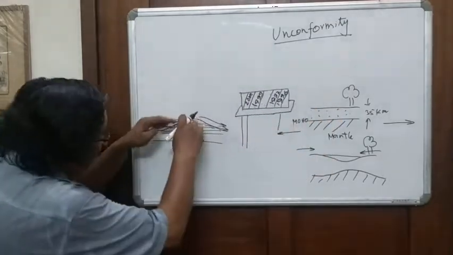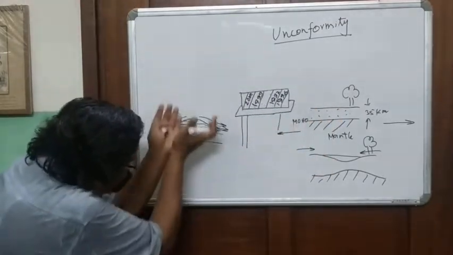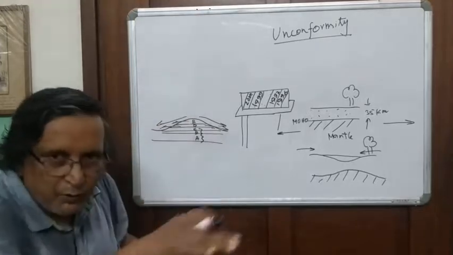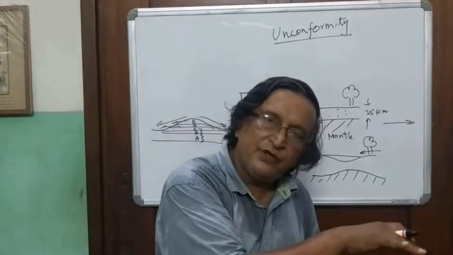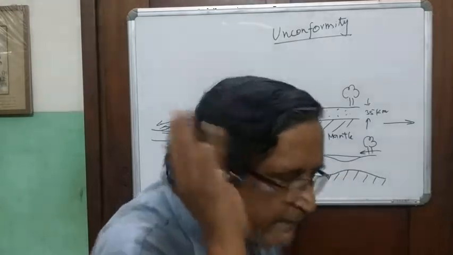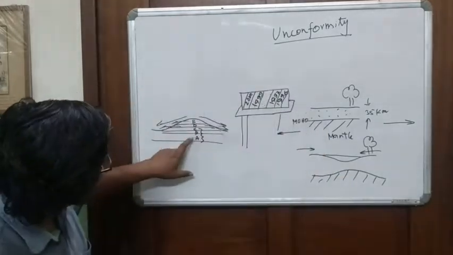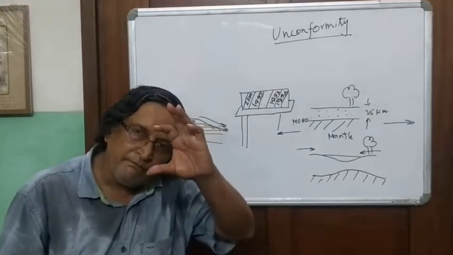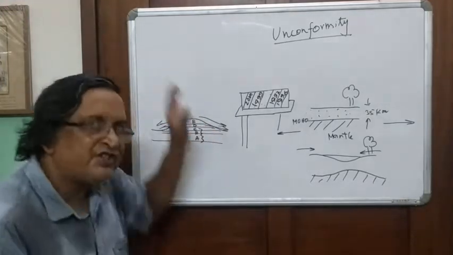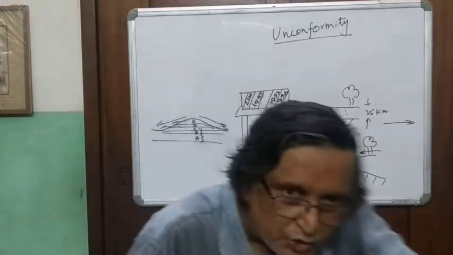And then as the section goes down below the water, there will be new deposition. Have you understood? Now think what has happened. A, B, C, D, E formed during a time frame. Now D and E were removed by erosion.